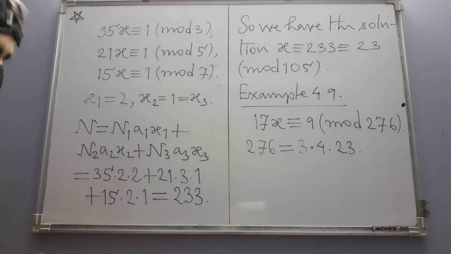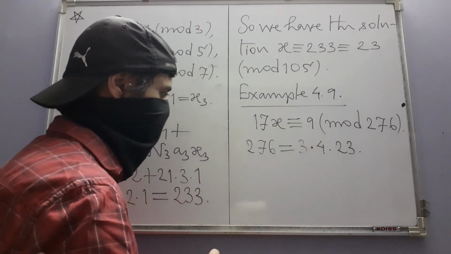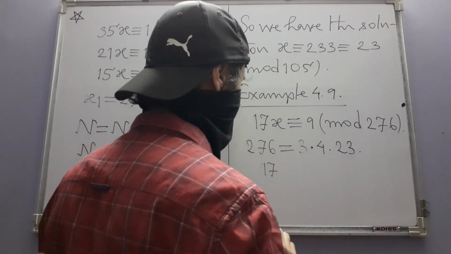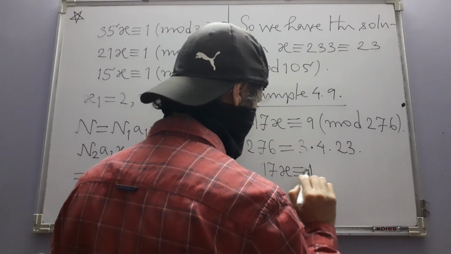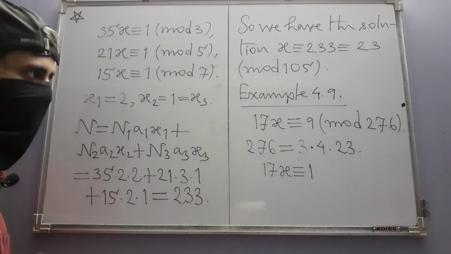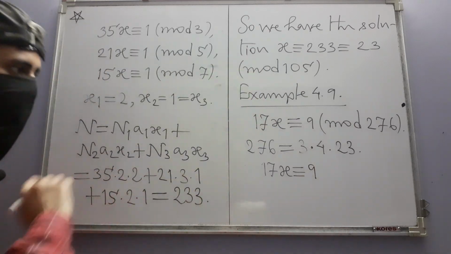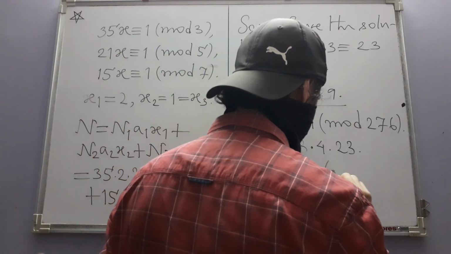That's what we need. So instead of considering this single congruence, we can also consider these 3 simultaneous congruences, where this part does not change. 9 here, sorry. This part stays the same in the 3 congruences, but the modulus changes.